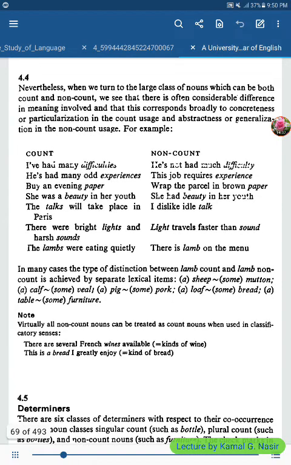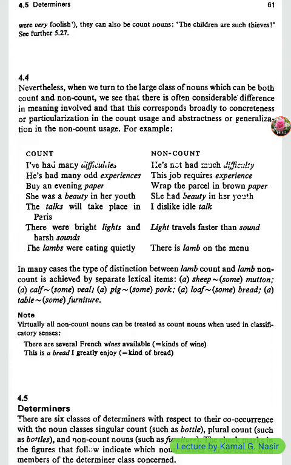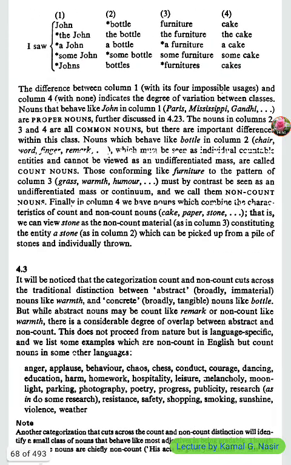Okay. What else? Shopping, smoking. I think that they belong to the previous. Yes, they are found in the previous. Resistance, safety at the end, you see, at the end of this page.